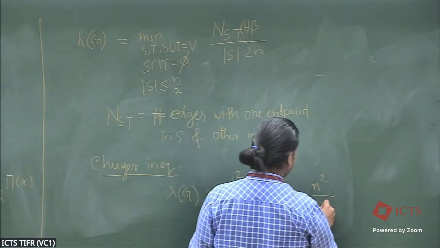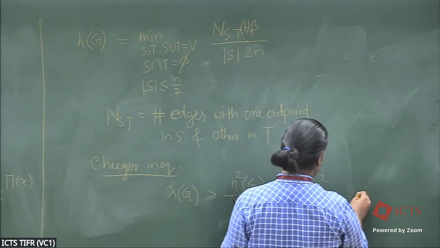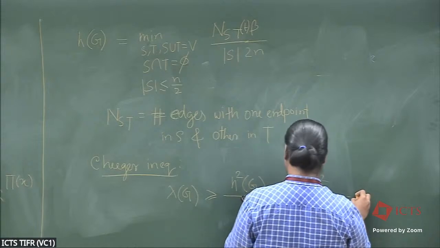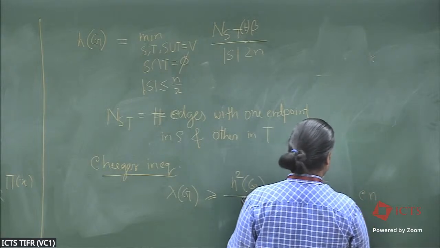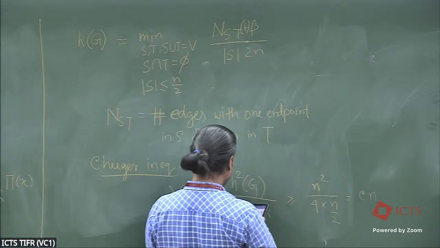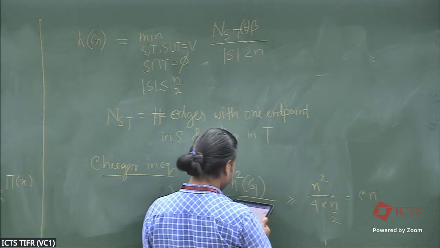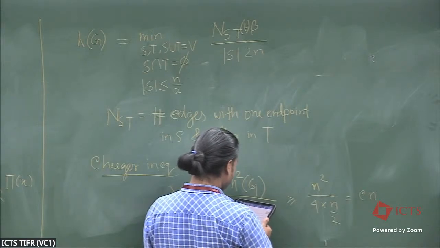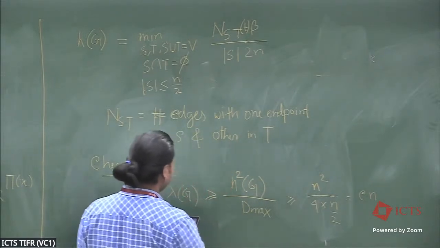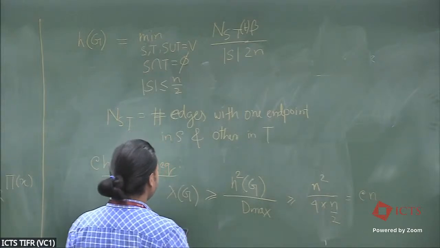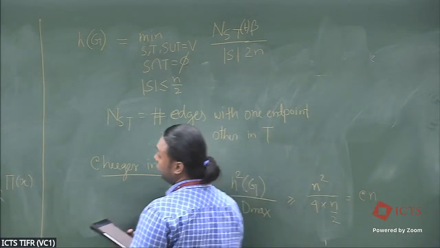So it's like some constant times n, and probably you have to multiply by beta by n.